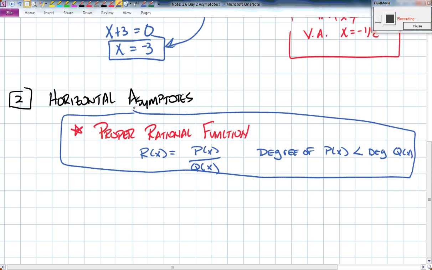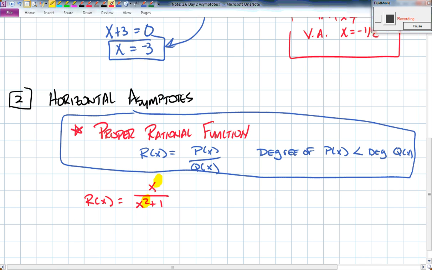So let me give you some examples. This rational function, r of x equals x over x squared plus 1, is a proper rational function. The reason is because the degree of my numerator is 1, the degree of my denominator is 2, the degree of the numerator is less than the degree of the denominator, therefore it's proper.